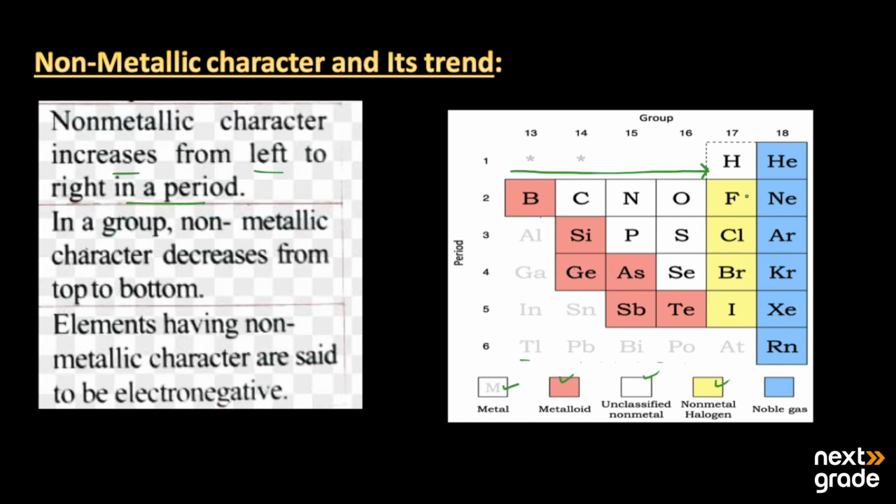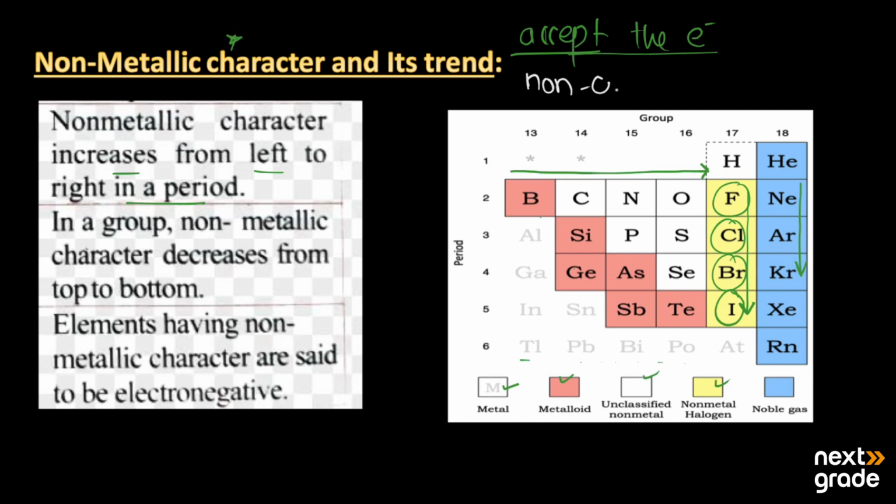In yellow are the real non-metals, and these are the noble gases. Fluorine, chlorine, bromine, and iodine are all non-metals, and when we move from left to right, their tendency to accept electrons increases.